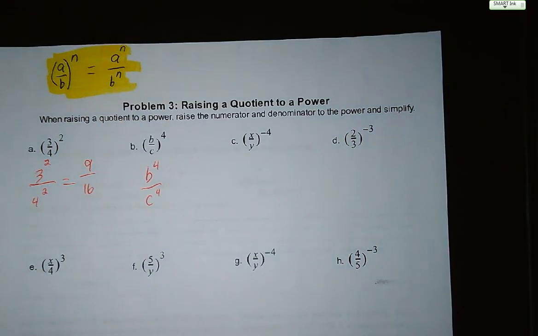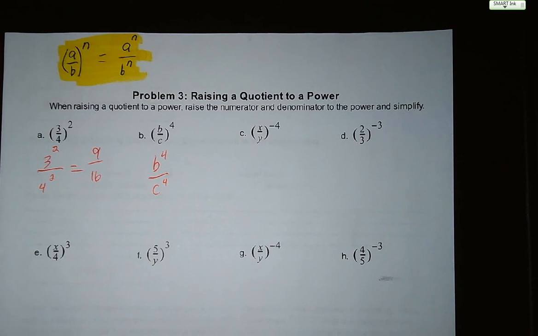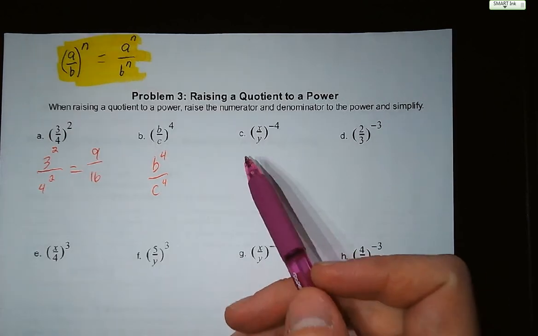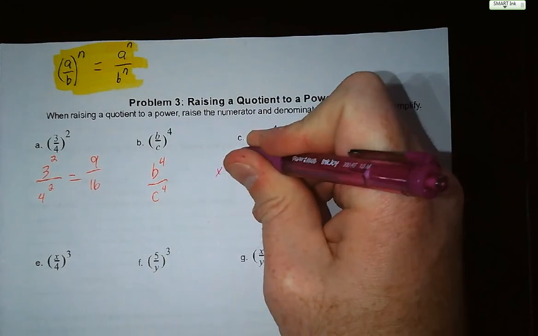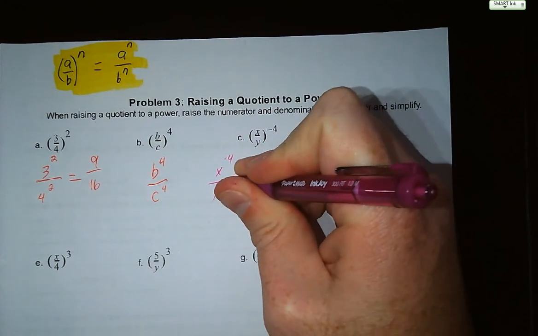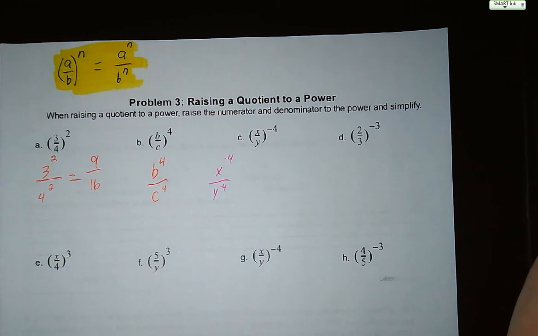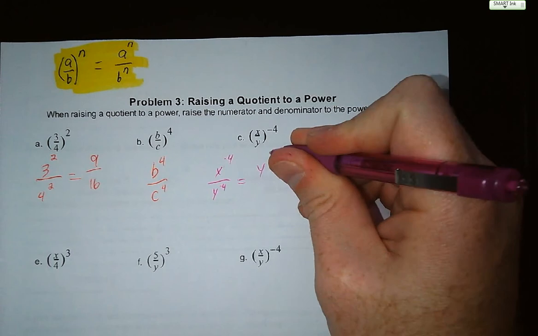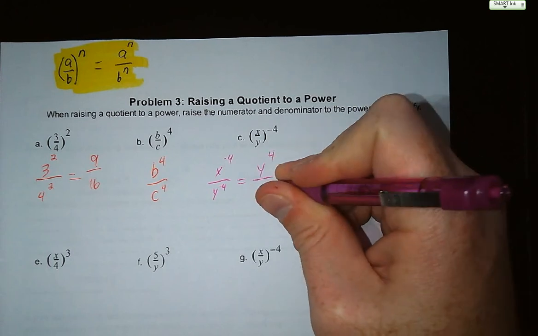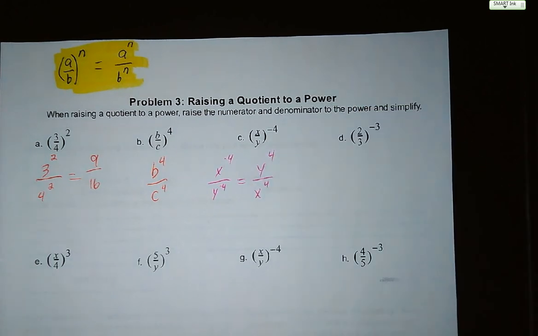Okay. Well, what if there's a negative exponent? What do we do there? Well, we could say it's x to the negative fourth over y to the negative fourth. Well, then we need to do some moving, and we're going to end up with y to the positive fourth on top, x to the positive fourth on the bottom, and there we go.